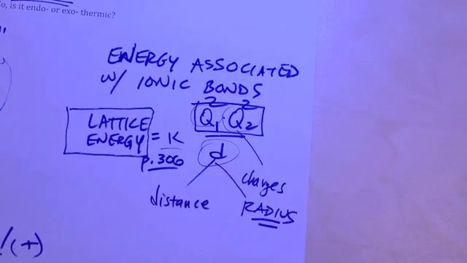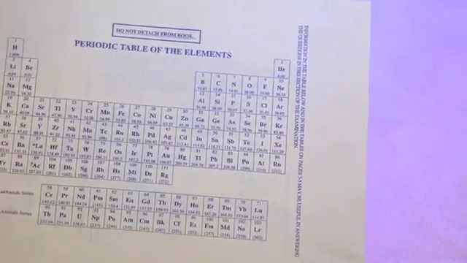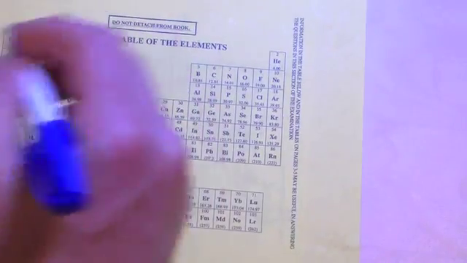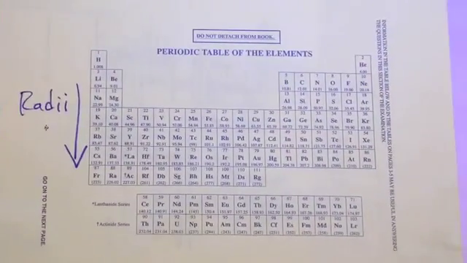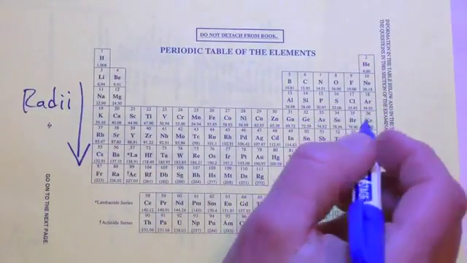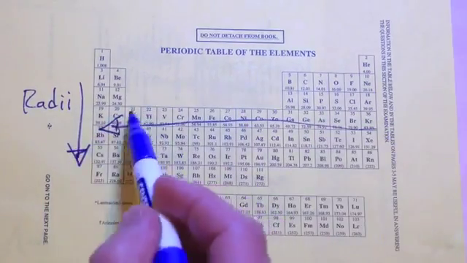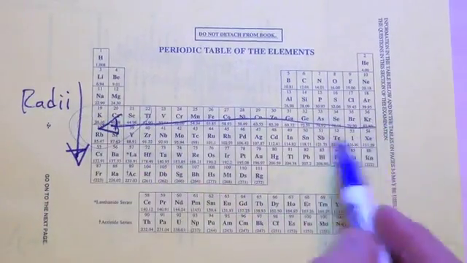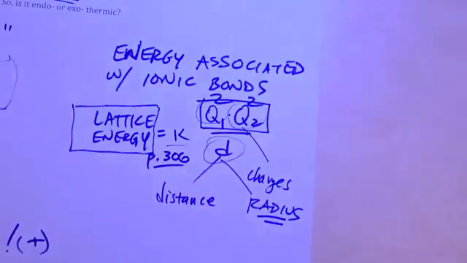And you can look at the trend on the periodic table, and if you remember, the radius of something on the periodic table increases as you go down, and radius also increases as you go to the left on the periodic table. So things over here are bigger than things over here, if you forgot what the trend for atomic radius is.